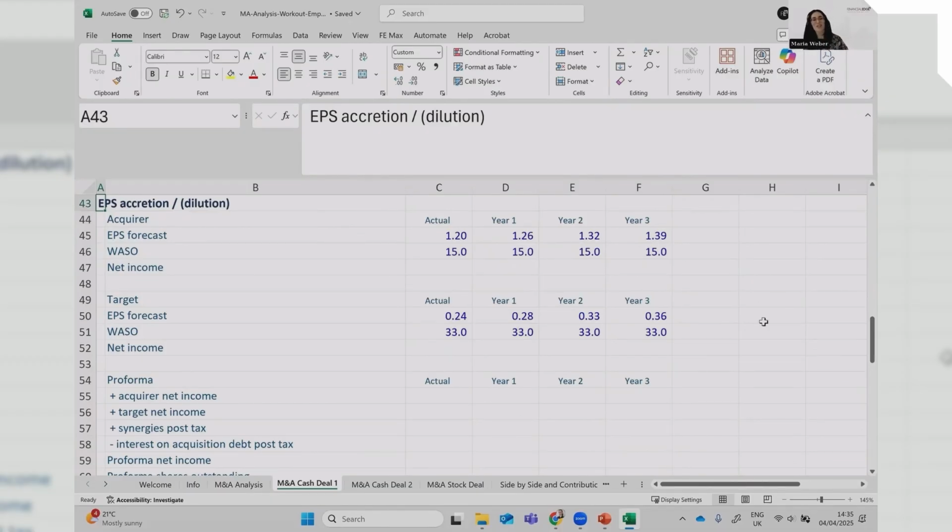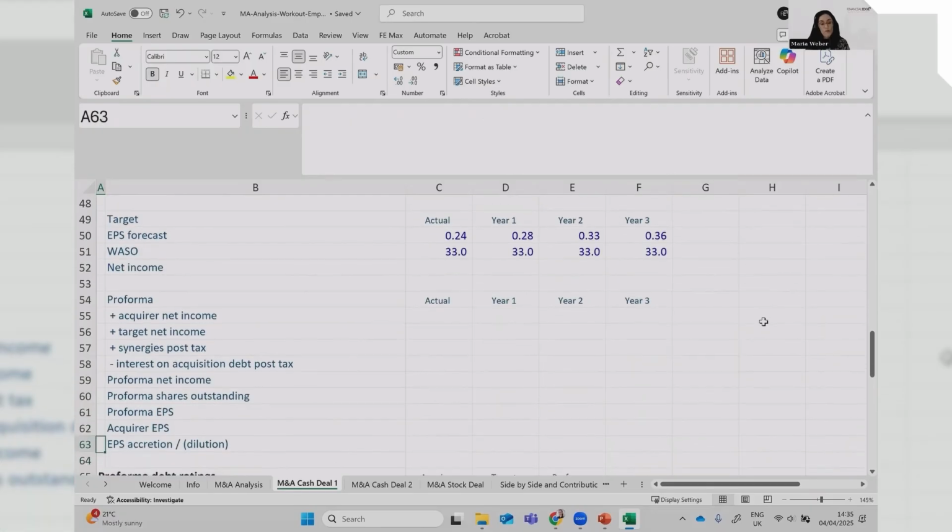But with our EPS accretion or dilution, it looks like a complicated calculation, but big picture, if I want to work out earnings per share, I need two things. I need total earnings, net income, and I need number of shares. I want to work out the pro forma earnings per share.